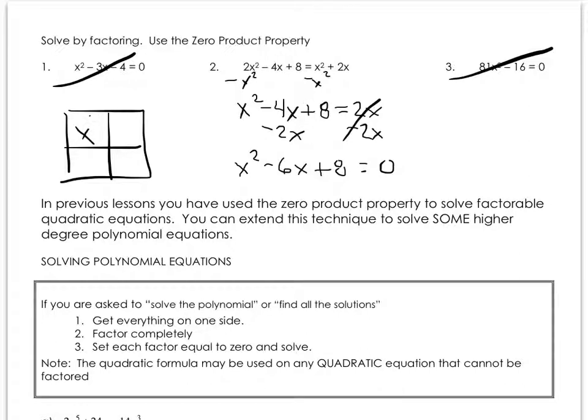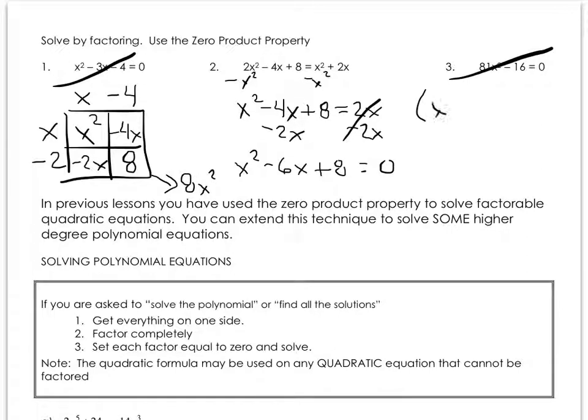So just like always, x squared and 8 makes 8x squared. Multiples of 8 that add up to negative 6 are going to be negative 4x and negative 2x. GCF, x times x times negative 4, x times negative 2.